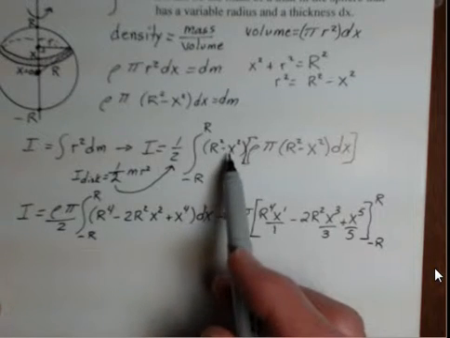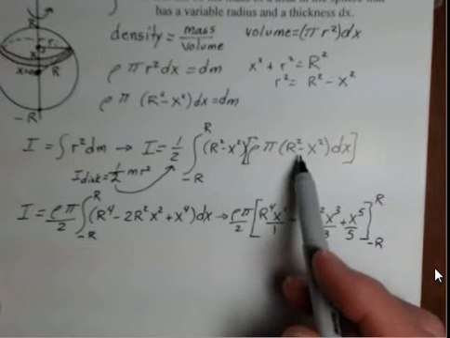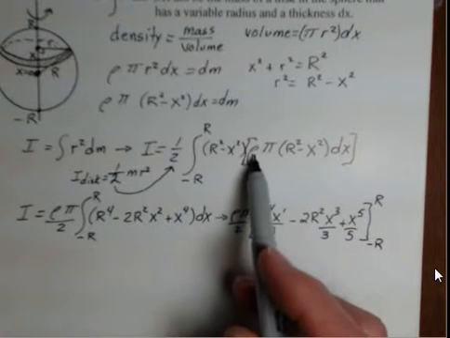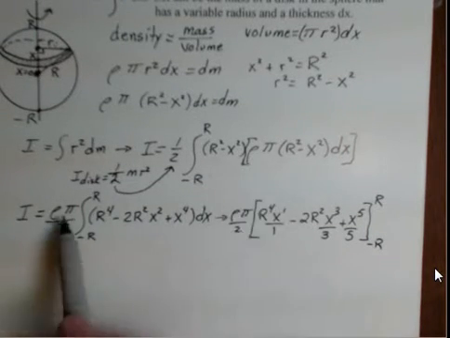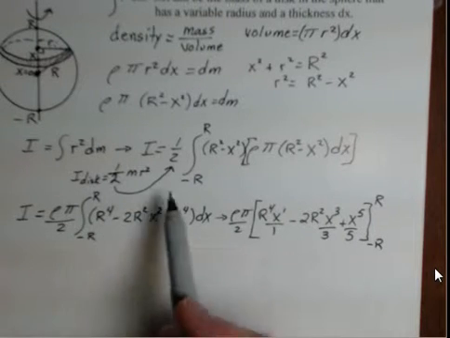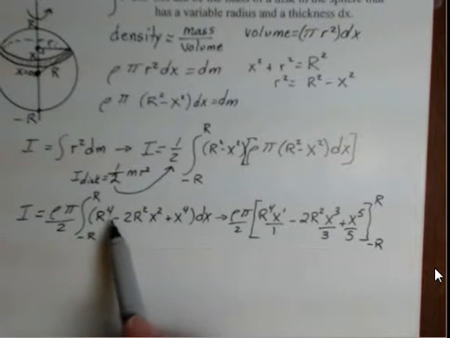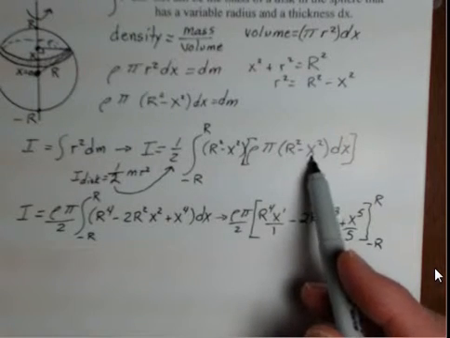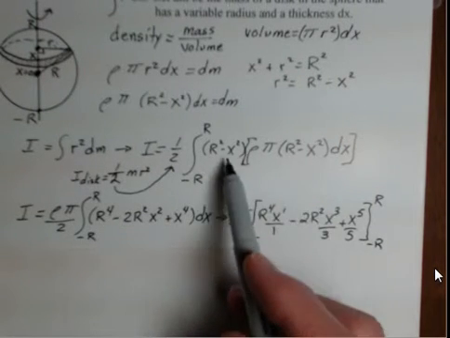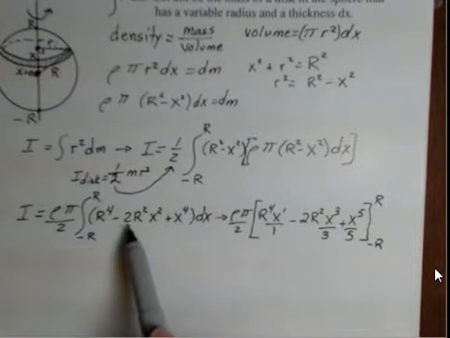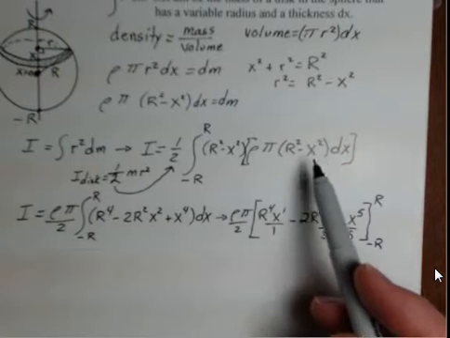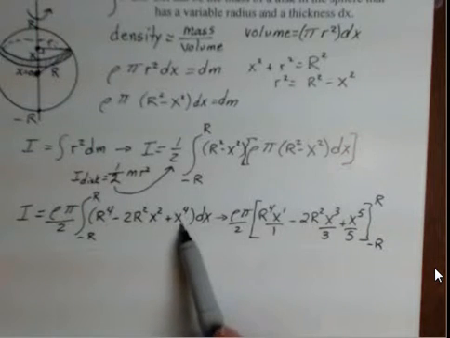Here I'm distributing R squared minus x squared on R squared minus x squared. And I'm pulling out the constant factors, so the rho and the pi come out front. And R squared times R squared, that's R to the fourth. And there are two of these occurrences of R squared times x squared, both with the minus sign. So we get minus 2 R squared x squared, and then minus x squared times minus x squared gives us plus x to the fourth.